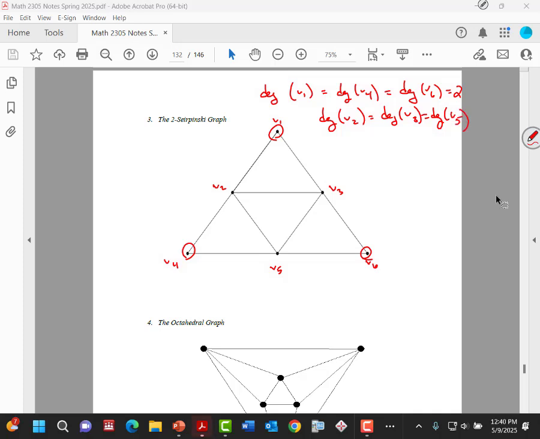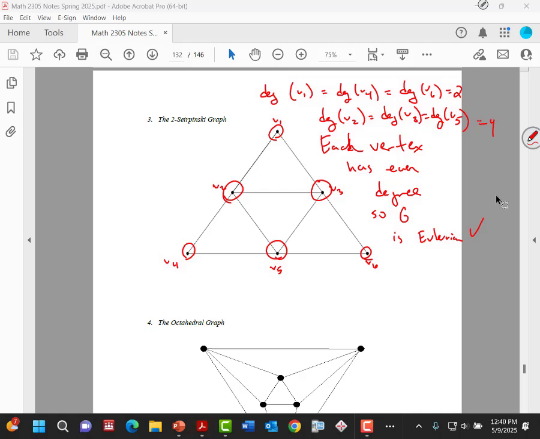So that's 1, 2, 3, 4, 1, 2, 3, 4, 1, 2, 3, 4. Each vertex has even degree. So the graph G is Eulerian.